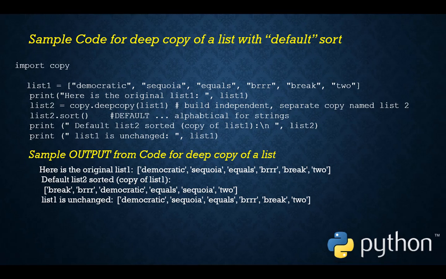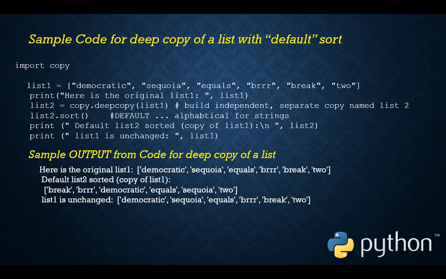Here is sample code for a deep copy of the list. We will also examine the default method of sorting a list of words or strings. First thing we need to do is import copy standard library code. We see list 1 is still democratic, sequoia, equals, burr, break, and 2.